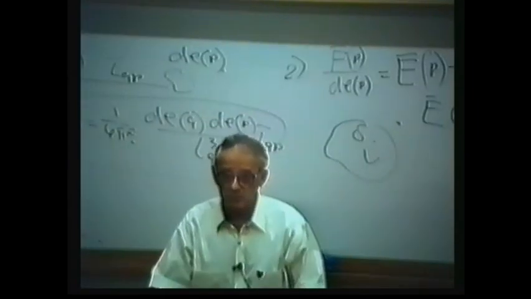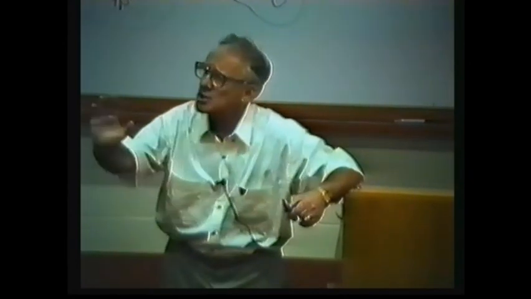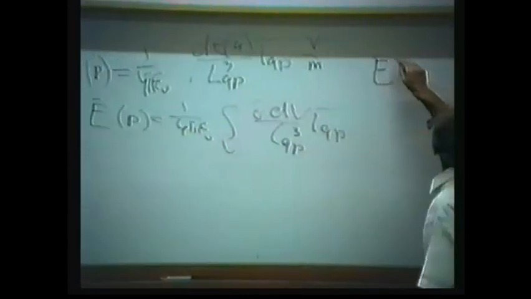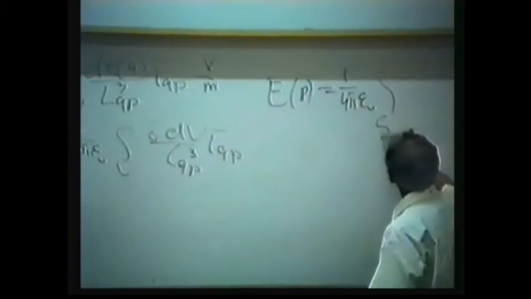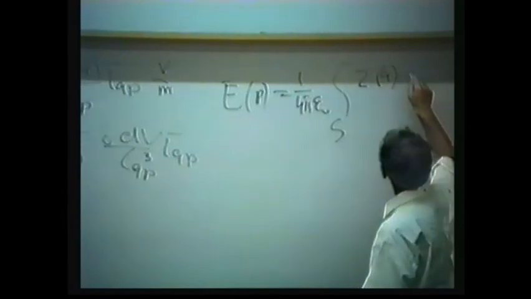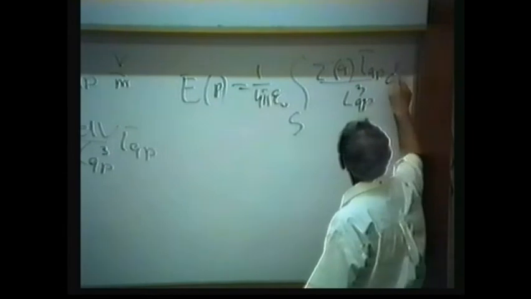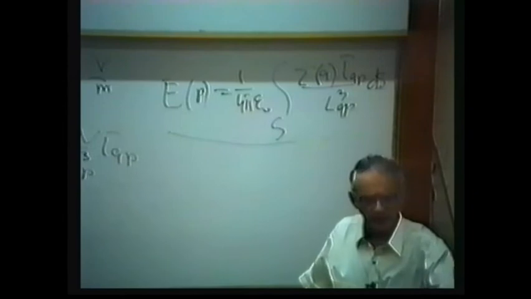It turns out that in our practice of electroprospecting, we mainly deal with so-called surface charges. We don't have practically volume charges, only surface. So in the case of surface charges, the expression has the following form: surface density of charges times LQP cubed, dS. So far clear?